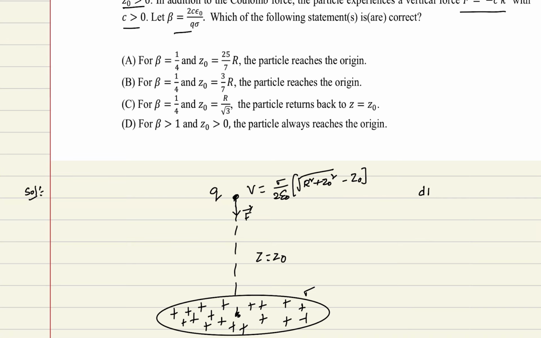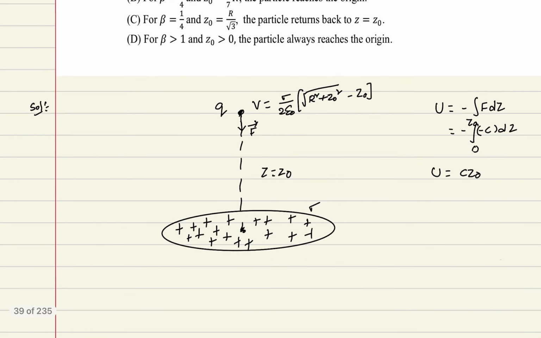Now we calculate: F is equal to minus dU by dz. In the same manner, U is equal to minus integral of F dz, which is minus integral of minus c dz, varying from 0 to z naught. We can write U equal to c into z naught.